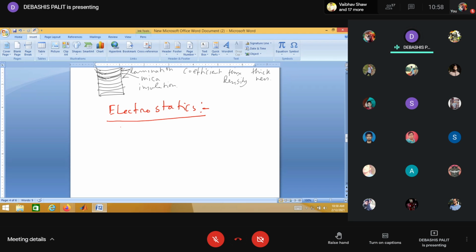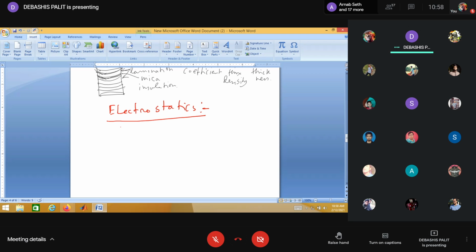In our Jadavpur University electrical department, there is a high voltage engineering laboratory. In this high voltage engineering laboratory, 1 million volts of electrostatic voltage can be developed. It has 1 million volt development capacity.